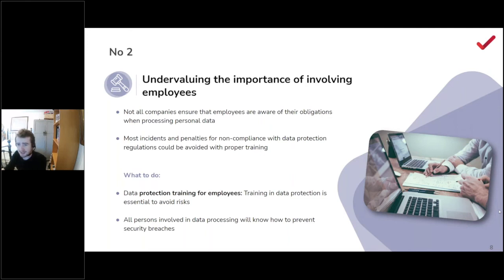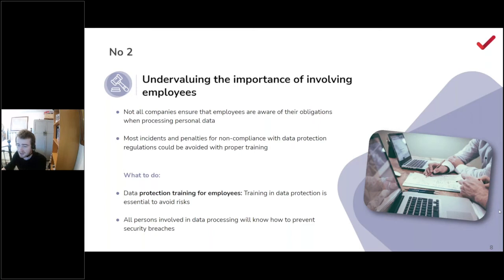And how do you solve that? As you can see on the slide, training would be my answer. So to fix this, there's a clear solution, and that's educating employees. Remember that while you may have a good understanding of the legal requirements, and maybe we can go as far as to say that marketing may know some of the rules, and IT may know some of the requirements as part of their job, but to assume that the different departments know specifics of data protection is, again, a bit of an oversight.